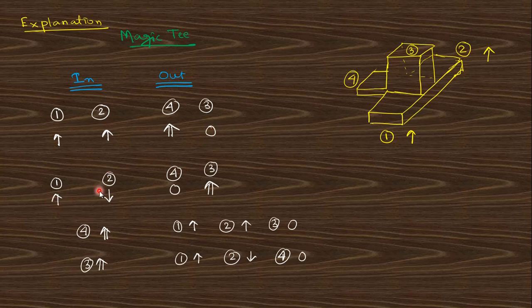When they are in opposite phase, the output from 3 and 4 will be 0. When input from 4, 1 and 2 are in the same phase and output from 3 is 0, and when injecting input from 3 the output will be at 1 and 2 but in opposite phase, and 4 will be 0.